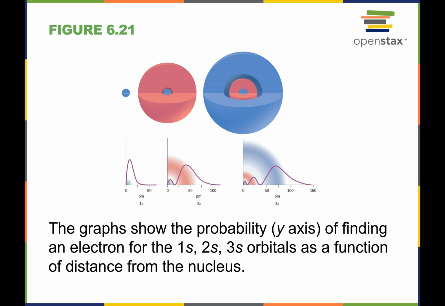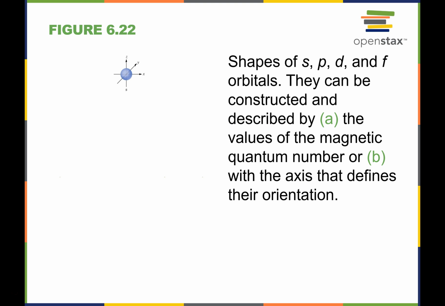Think of the next red one as being 2s. And then the next blue one is 3s. So they're all spherically shaped with the nucleus in the center. The higher n, the 3s, is going to be higher energy, and the electron will reside farther from the nucleus. So there's S.